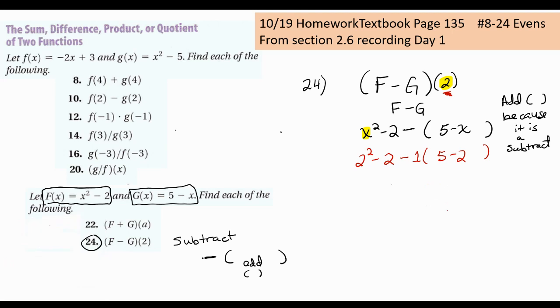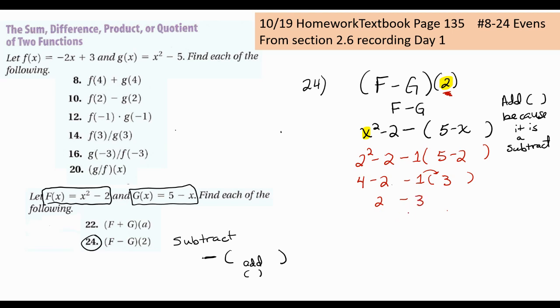Okay. So we just plugged in the 2. So this will be 4 minus 2. That's 2. And then we're going to have to do the parentheses over here. 5 minus 2 is 3. And then right here we have to distribute. So this becomes 2 minus 3.